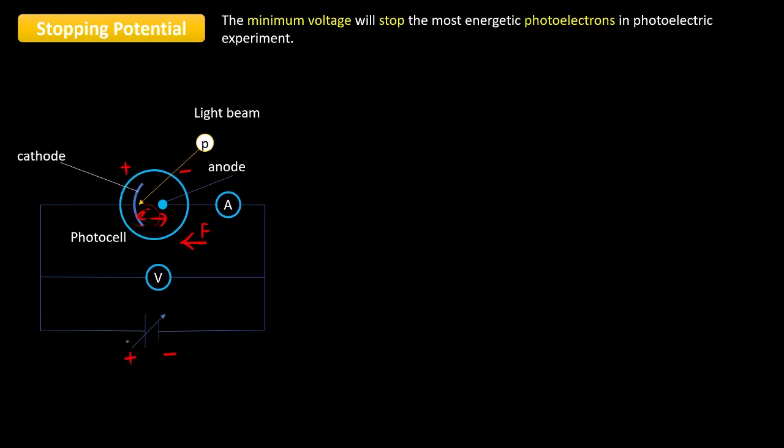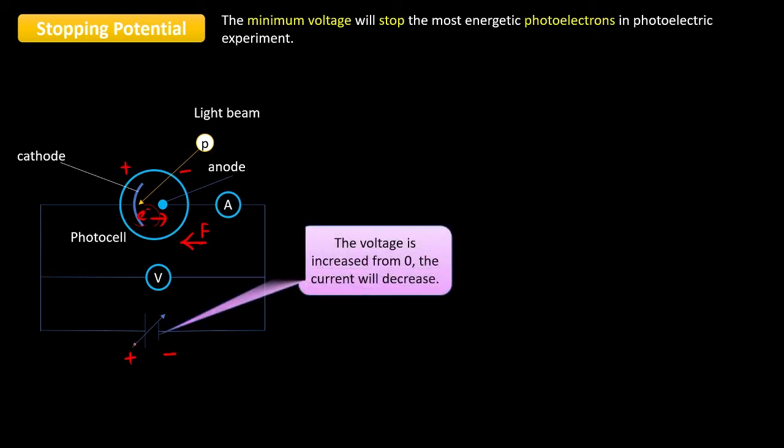When this reverse voltage slowly increases from 0 to some value, the retarding force will start to increase and try to stop the photoelectrons from reaching the anode.